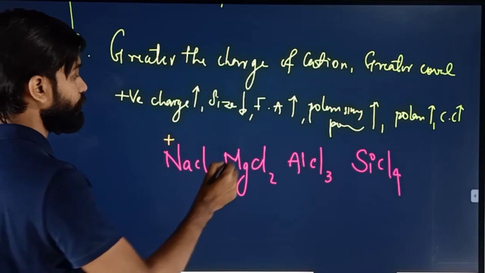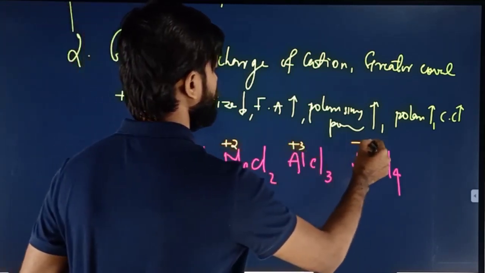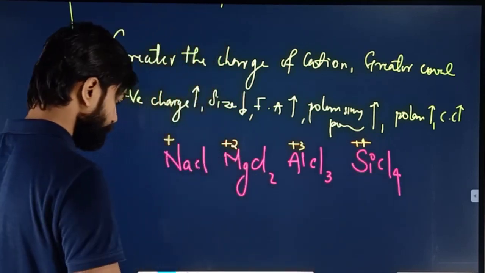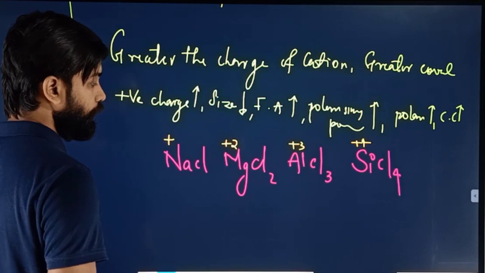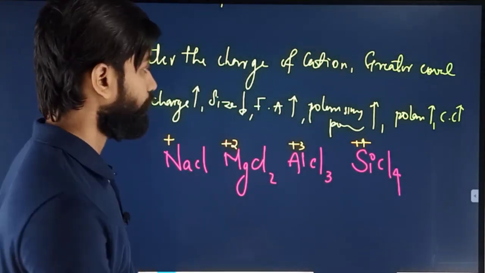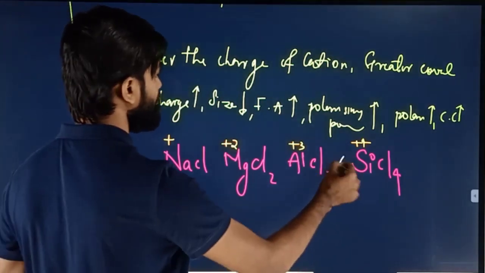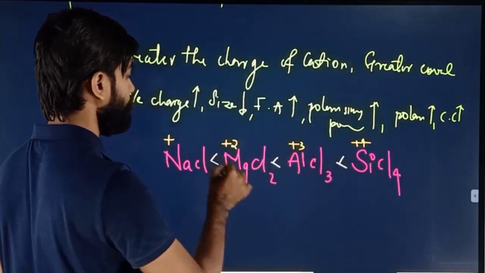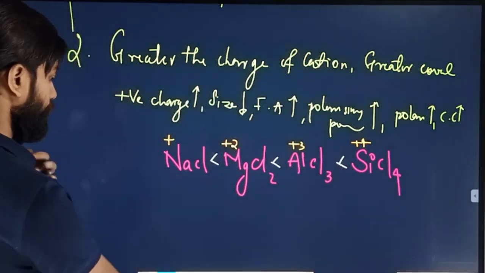Here Na+, Mg2+, Al3+, Si4+. The anions are the same, and the cations are isoelectronic, but the positive charge is increased. So greater the positive charge, greater will be the force of attraction. So this will be the order of covalent character as per Fajans' rule.